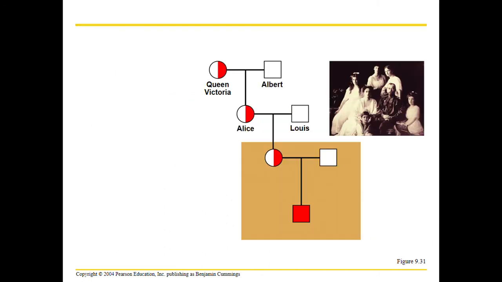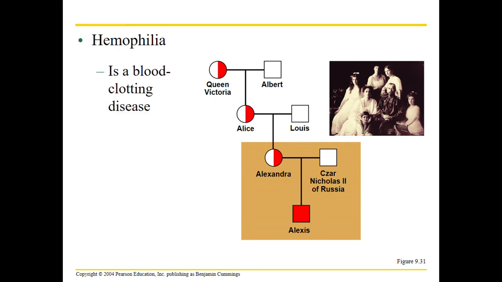And the last example we're going to talk about is hemophilia. This is a disease where you can't properly form blood clots, so blood loss is severe. This happened a lot in old royal times where they had a lot of breeding between relatives and cousins, so that they would keep all the wealth and land in the family.